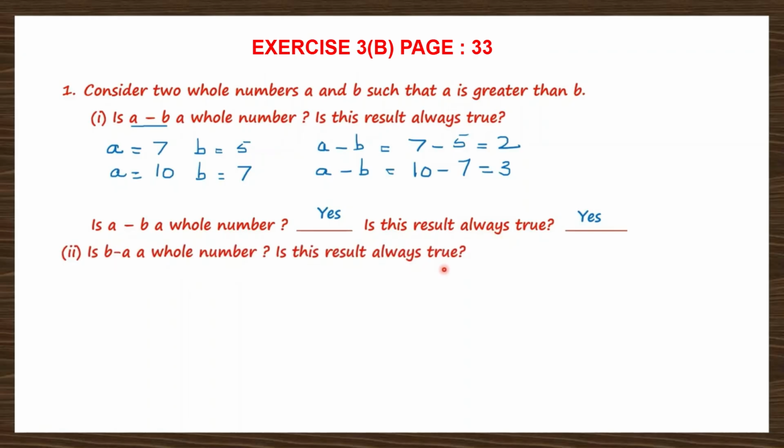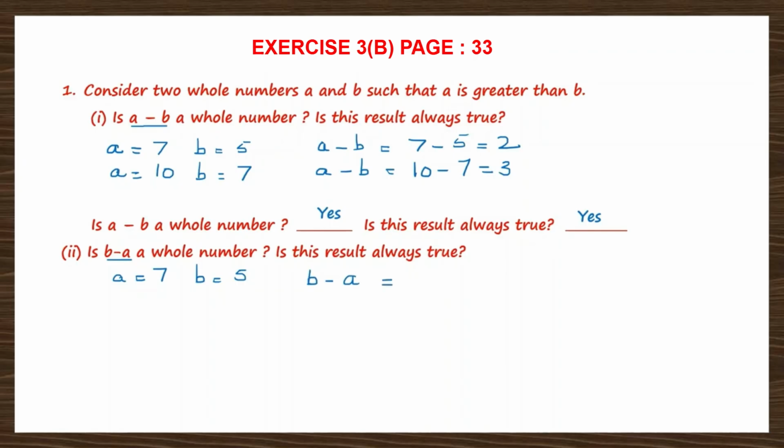Now the next question, is b minus a a whole number? Is this result always true? So here also we're going to see now the reverse. So now let's take the same things. a is equal to 7, the same example that we took for the first one, and b is equal to 5. So let's write b minus a. Is b minus a a whole number?